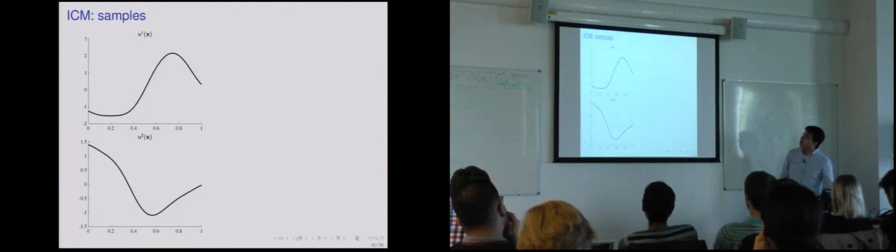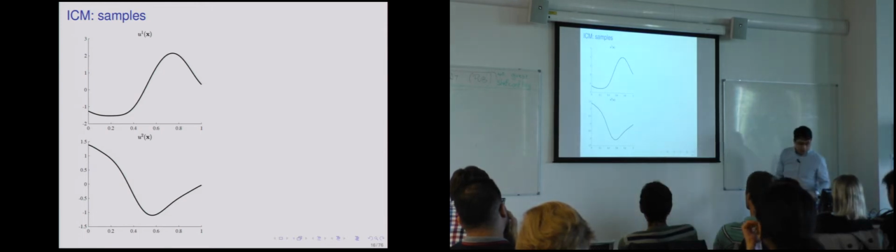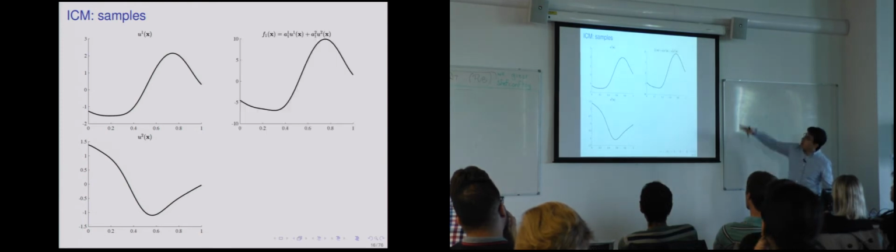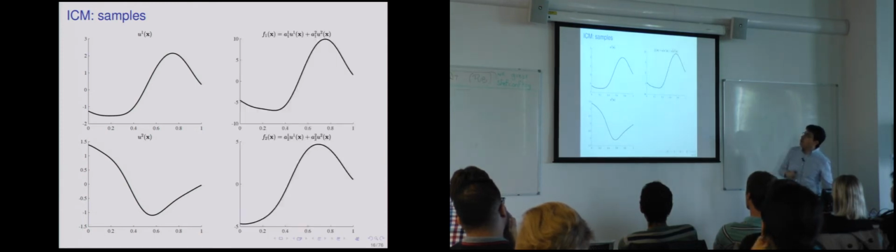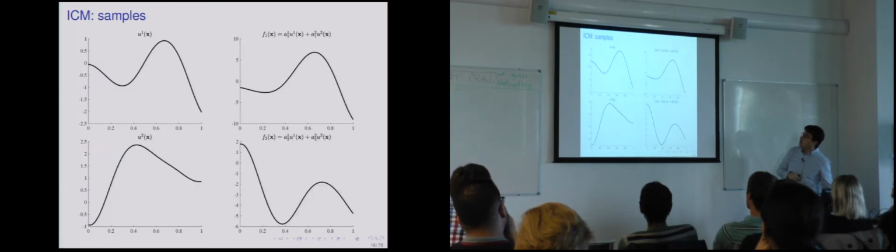Right. So again, I have this sample for u superscript 1 and this sample for u superscript 2. I sample them independently and then I linearly combine them to get a representation for the output, like the one you see here. This is another sample, and this is a different representation.